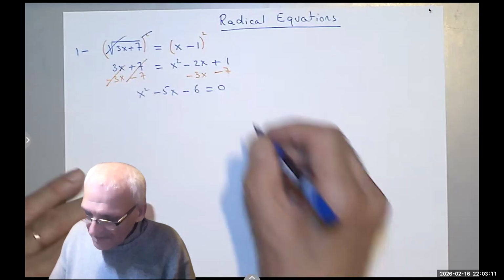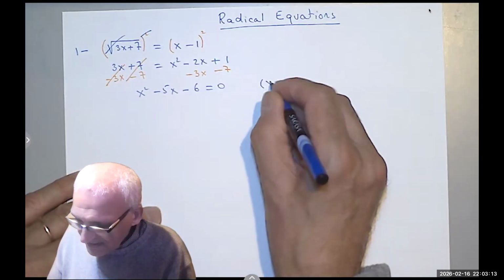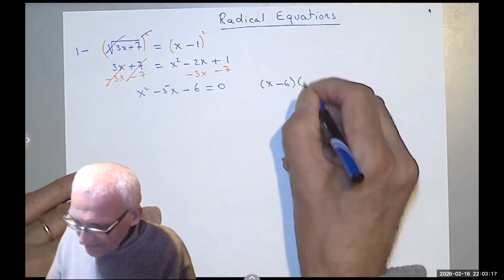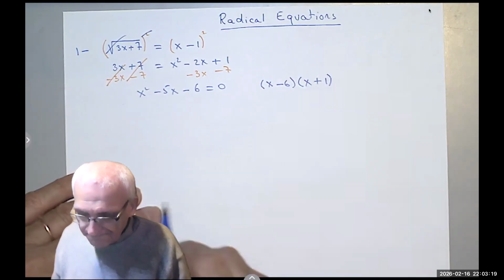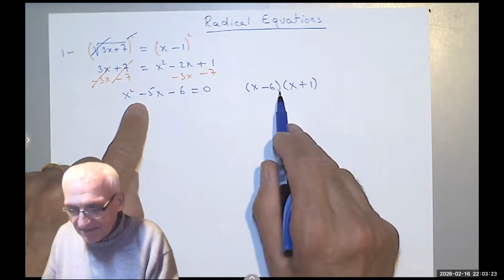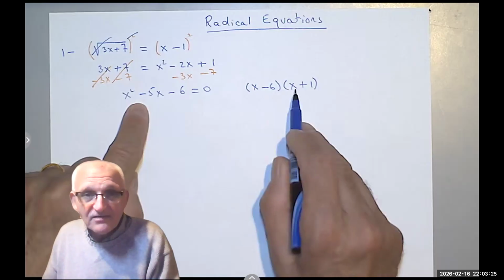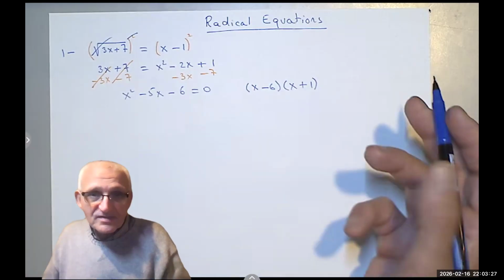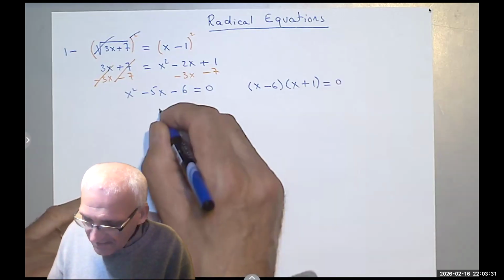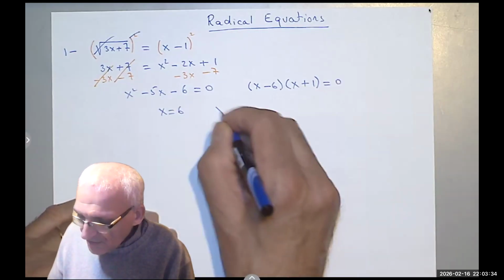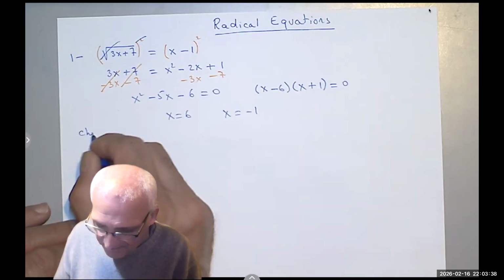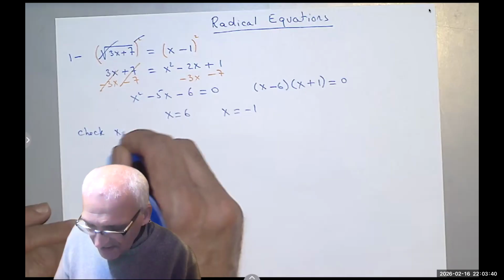Sure enough, I factor these as x minus 6 and x plus 1, right? Because I want two numbers that multiply to negative 6 and add to negative 5. So, of course, the bigger of the two should be negative, equals 0. So I either get x equals 6 or x equals negative 1. Let's check. x equals 6.